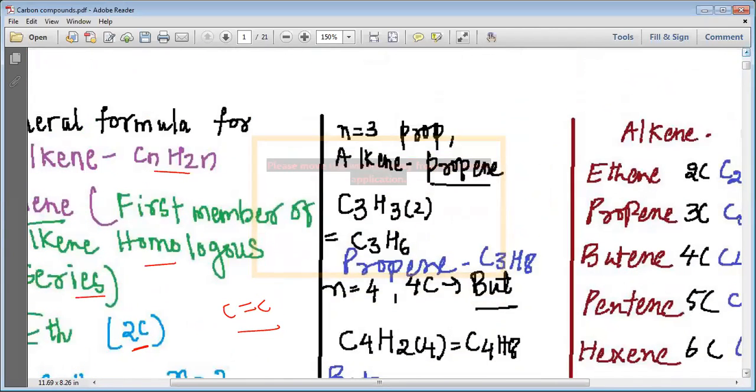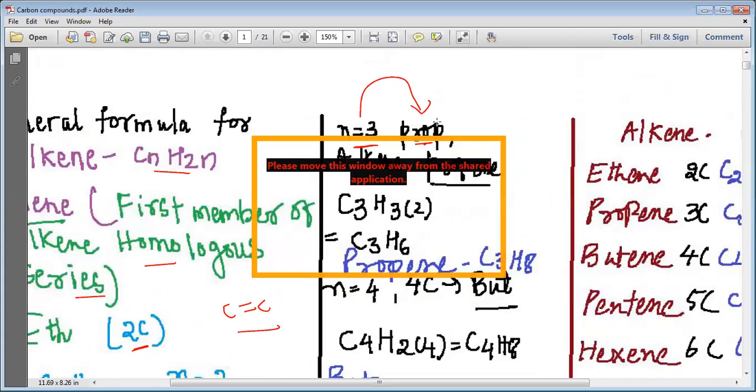Now, when we take n equal to 3, my dear students, we write the word root prop. Prop is called the word root, and we write this word root for n equal to 3.